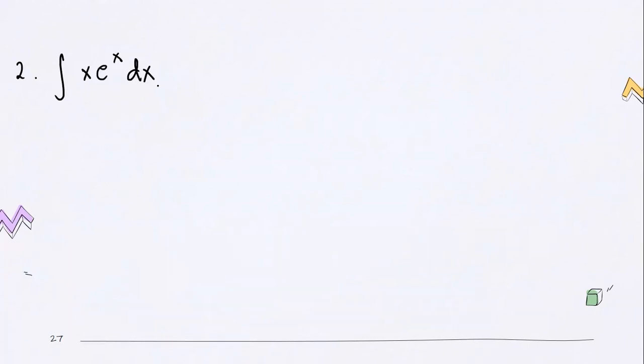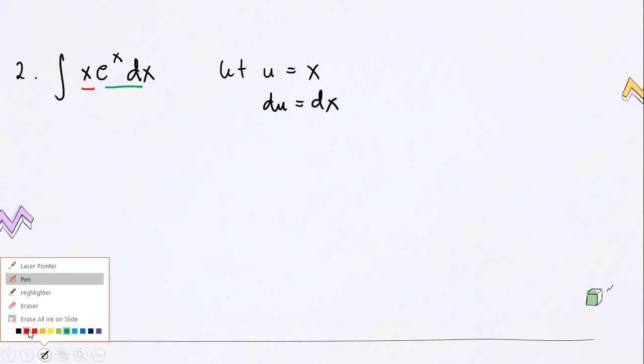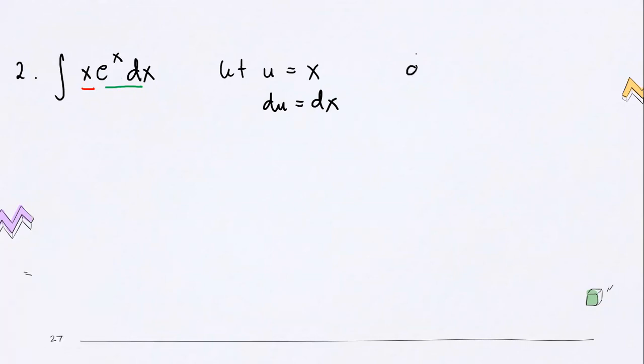Let u is equal to x, du is dx. This one is your u, and this one would be your dv. And dv is equal to e to the x dx, and v, integrated, is e to the x.